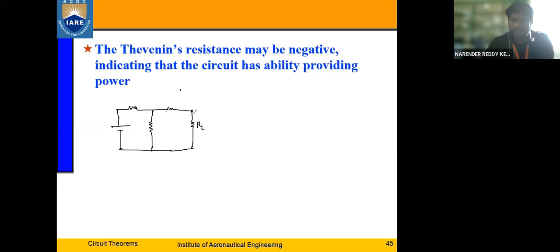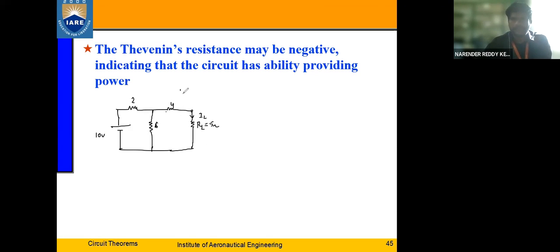Say I'm interested in calculating the value of load current, the current flowing through this resistor. So let me consider that this is a 10 volt source and these resistors to be 2, 4, 6, right? And let these two resistors be 5 ohms, right?